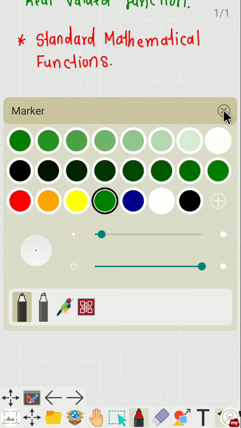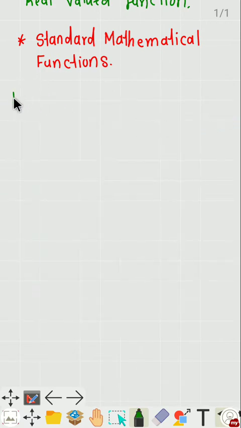The first type of standard mathematical function is algebraic functions.